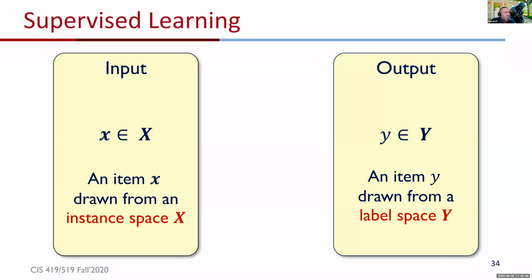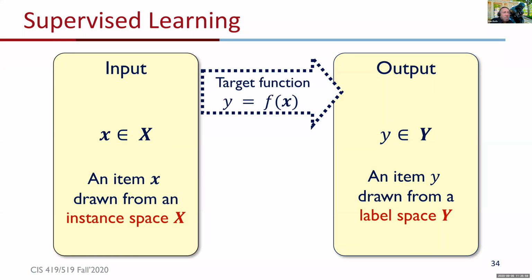So we're going to have input, an item X that is a member of the instance space, and an item Y that is a member of the label space. There is some target function, we assume, that governs for every X the correct label Y. And we are after it.